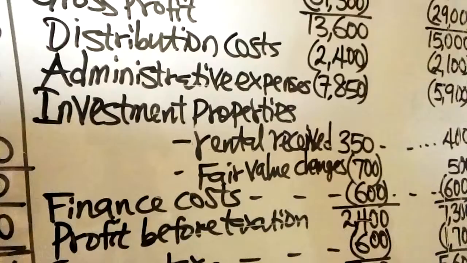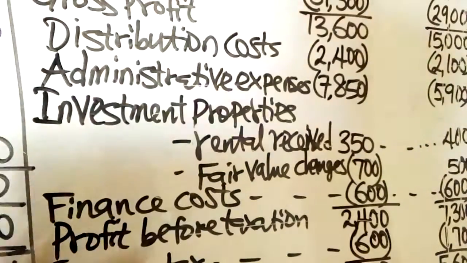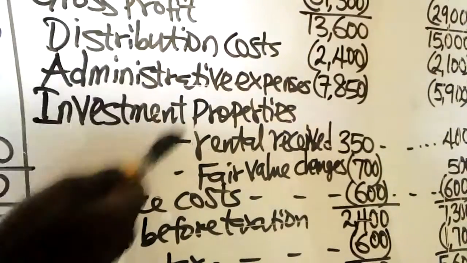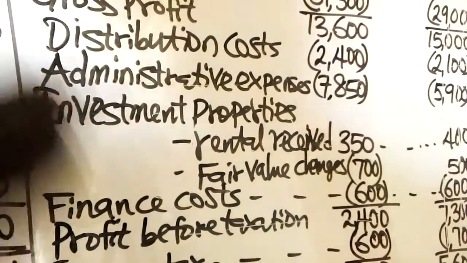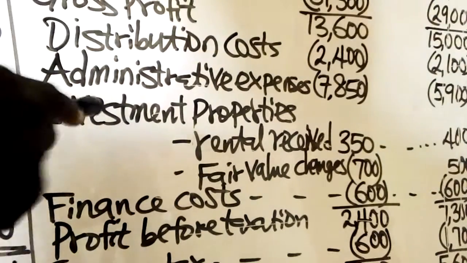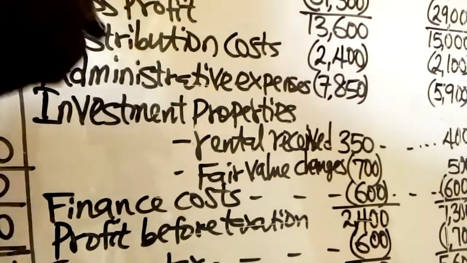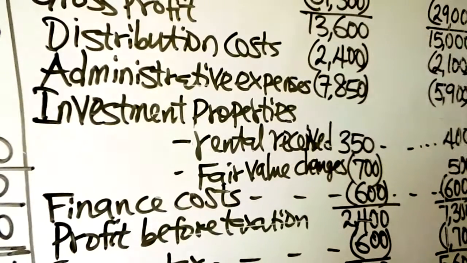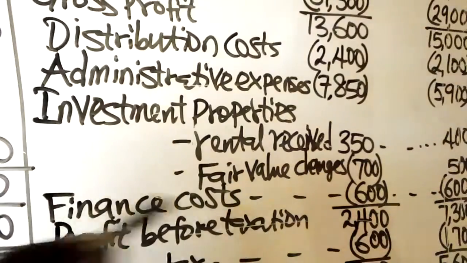Number two, we have changes in working capital. And the third one is items that will not appear as operating activities which have been used in statement of profit or loss before arriving at the profit before taxation.